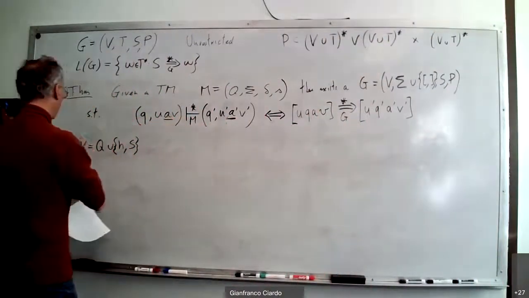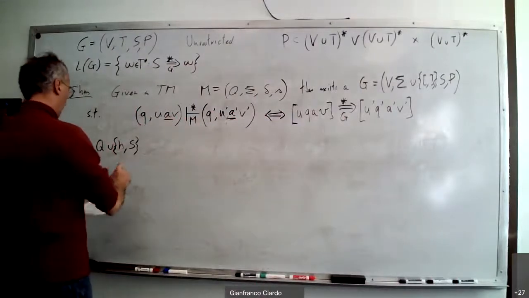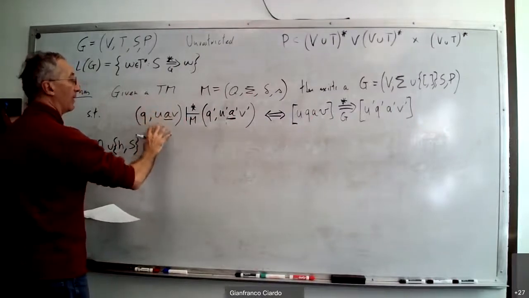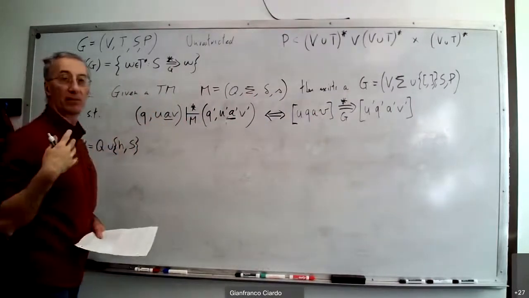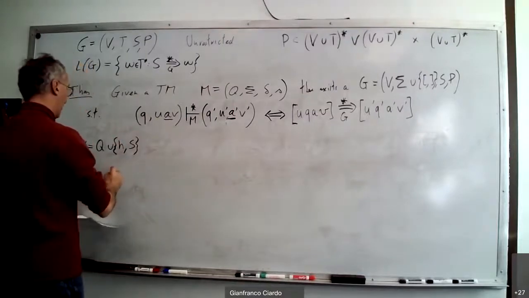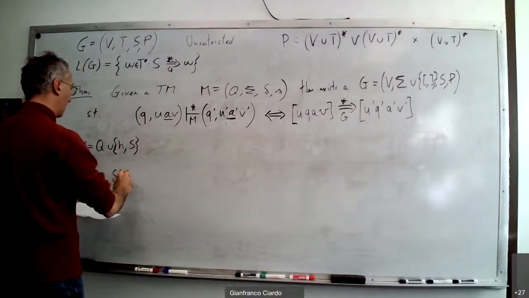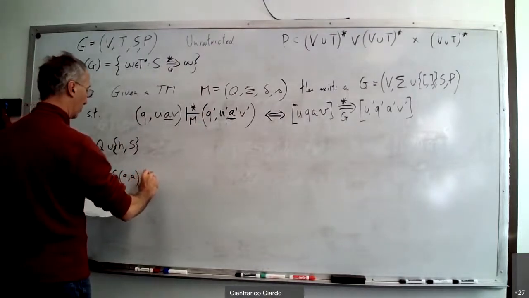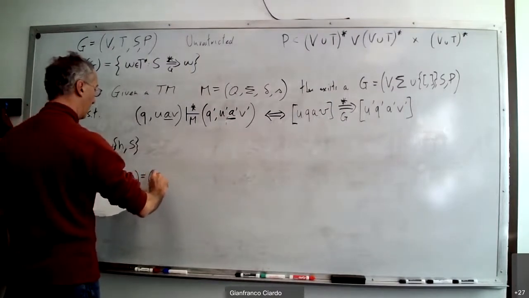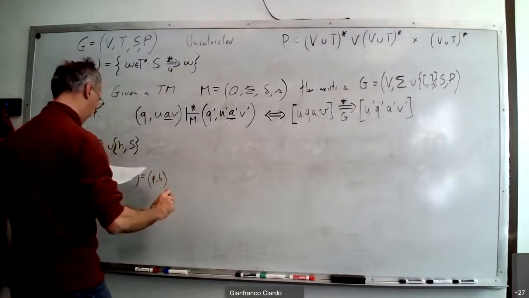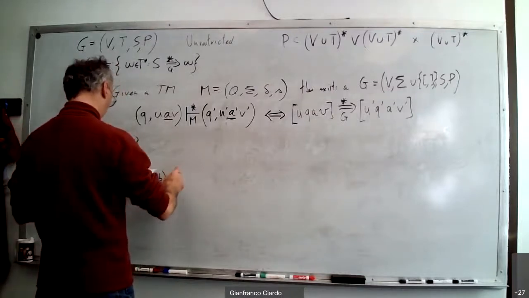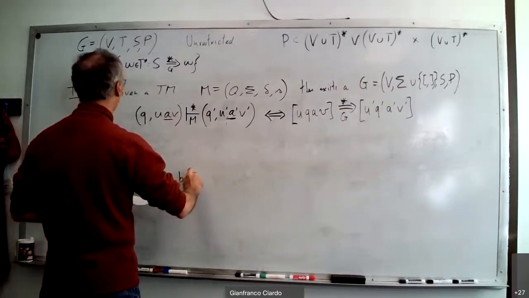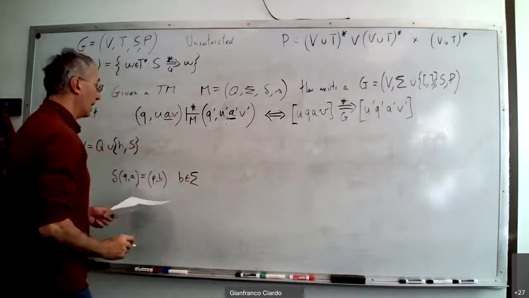But we define what P is. So to define P, the productions must simulate the behavior of the machine, which means they must simulate the delta. So if delta of Q, A is equal to P, B, where B is a symbol.